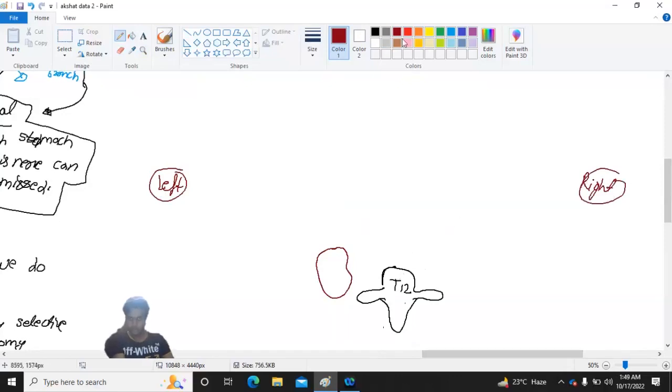So here, if this is left, this is the aorta, abdominal aorta, and this is the vena cava. Done. Then the abdominal wall also comes.